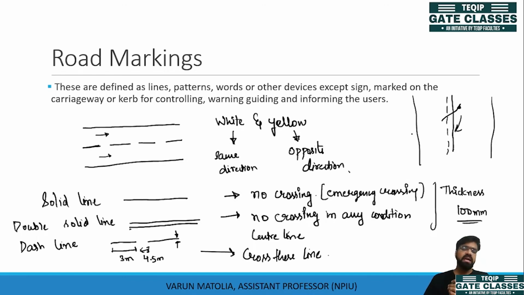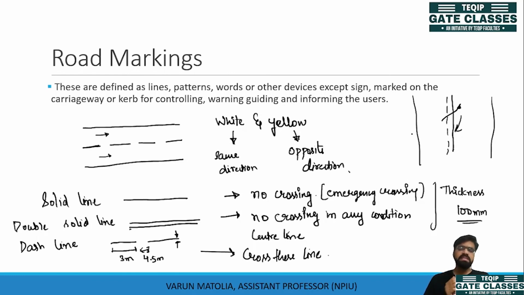These are also provided at some areas. So a dash line gives you the allowance that you can cross the lane, but the solid line will prohibit you or restrict you so that you will not be able to cross the lane.